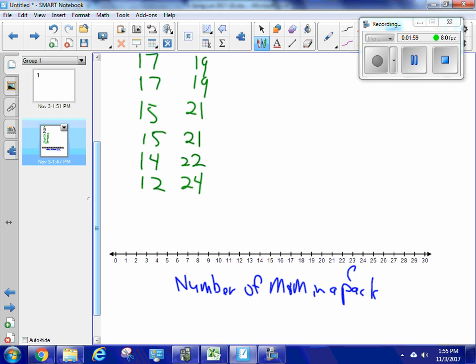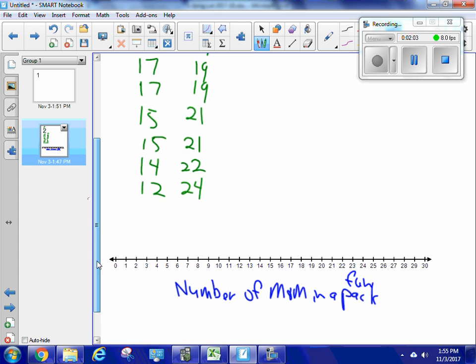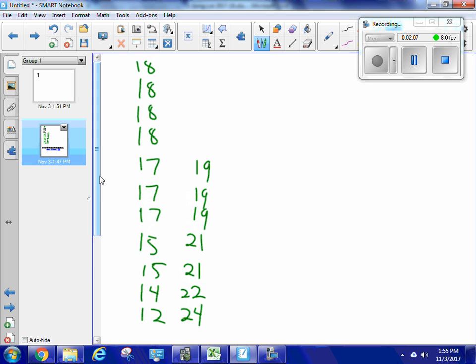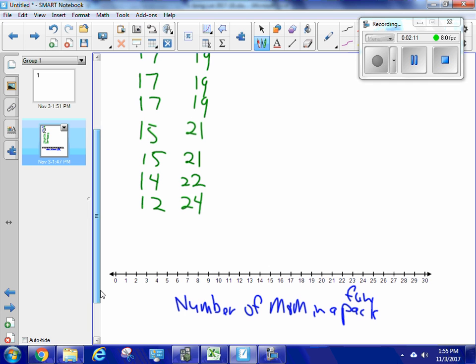Actually, it's in a fun pack. It's not a regular bag, it's a fun pack. And I'm just going to put these numbers on here, and it's a dot plot. So I can see that I started with 4 that had 18 in them. And just so you know, that these are in order is just the way I did it so that I could get a nice distribution. It'll obviously be different every class period.